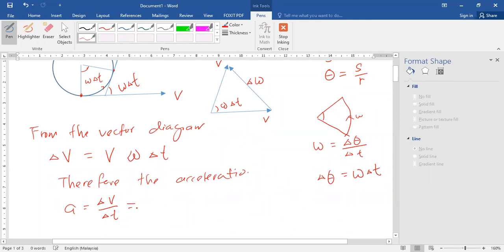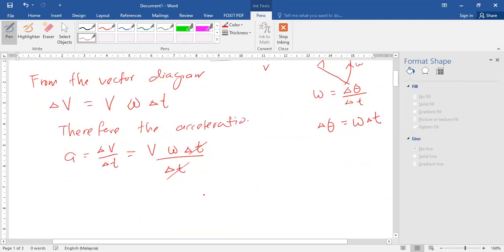It will be equal to V omega delta T over delta T, because the linear speed is constant, times omega times delta T. So the delta T cancels out, and it will be equal to V omega.